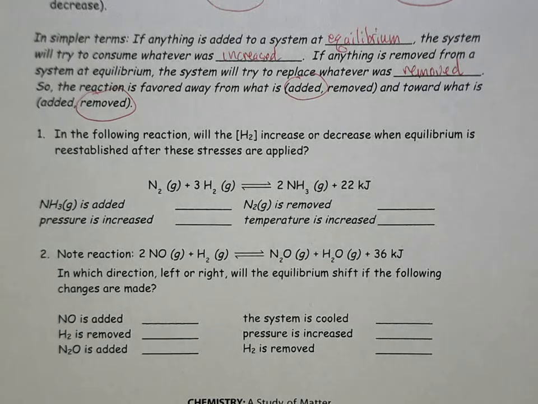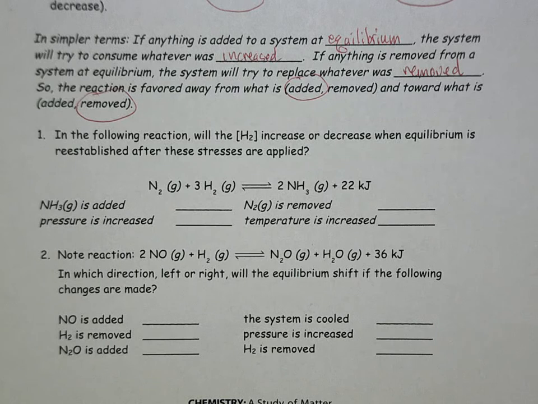In the following reaction, will the hydrogen concentration, the H2 concentration, increase or decrease when the equilibrium is reestablished after these stresses are applied? So in the italics part, we're going to change something. We're going to create a stress, and then basically we can just say increase or decrease, and all we're paying attention to is the amount of hydrogen concentration.